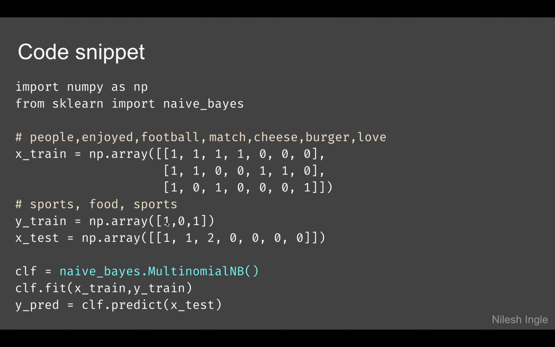So one could be sports, zero could be food, and then again sports. Then we have a test document with the counts for the words listed above. Then you can use the multinomial naive Bayes to fit it on the train set, then predict for the test set. Now let's get into Jupyter Notebook and see how we can code some of these.